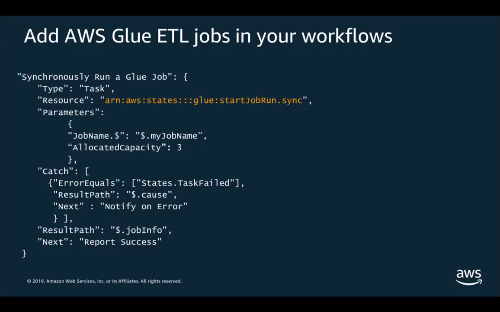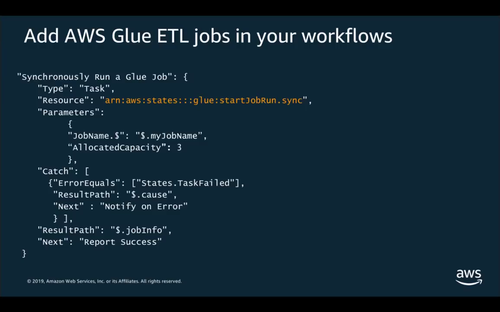Instead of writing a Lambda function that would poll for completion of a Glue job, in this case, you just use the specific resource type, okay, which in this case is called Glue start job run sync, okay, and so this will fire up a Glue job, and the transition will not happen until the job is completed.